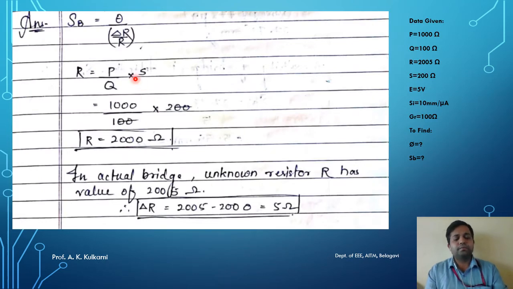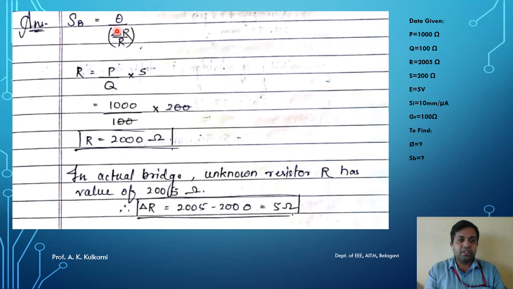As we know, the sensitivity of the bridge is nothing but the amount of deflection carried out in the galvanometer due to some amount of change in our unknown resistance.